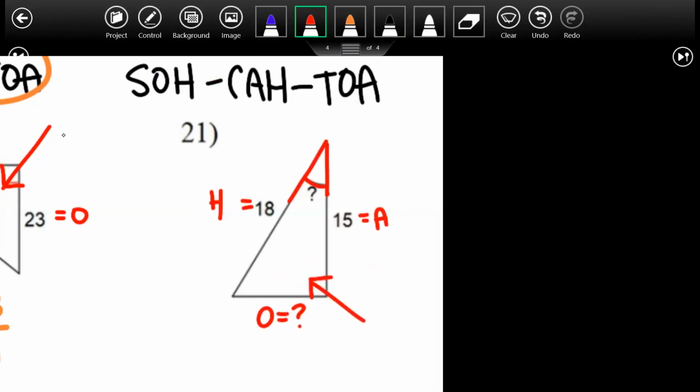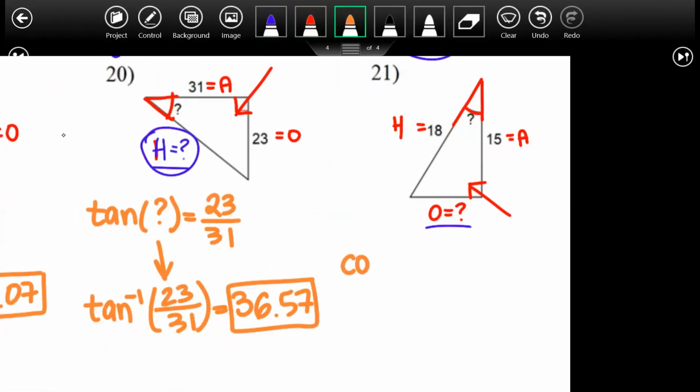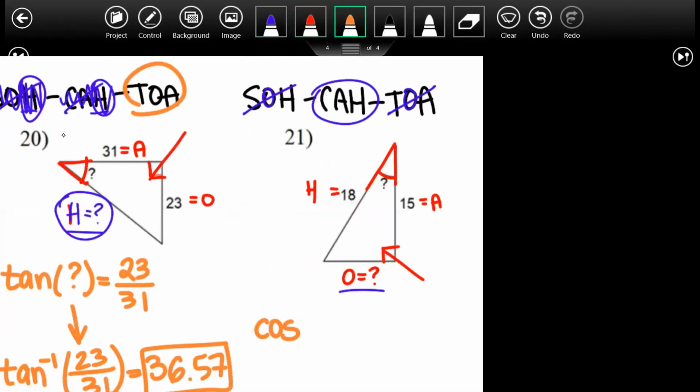So, which one won't we use? Everything with an O, right? Yeah, so we're using cosine. Setting up my ratio. Cosine of my angle.